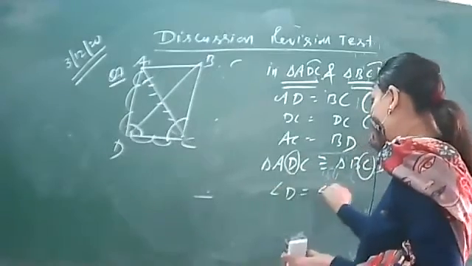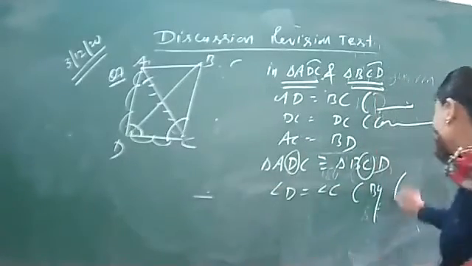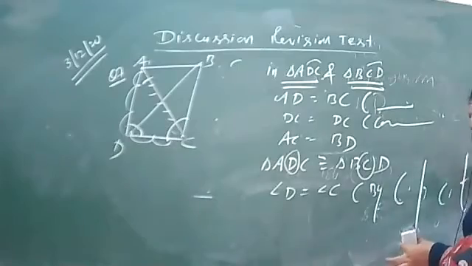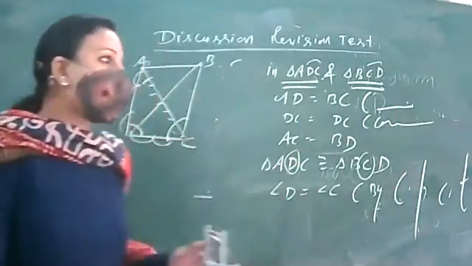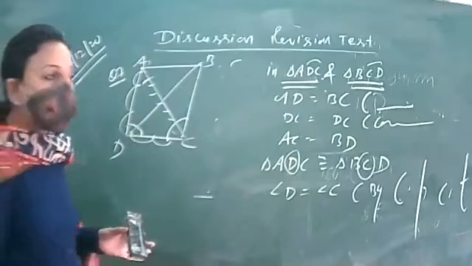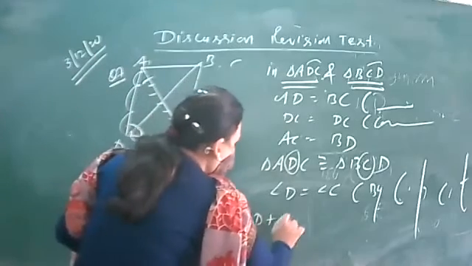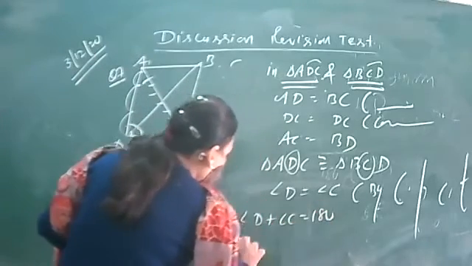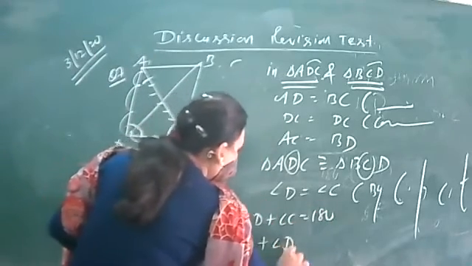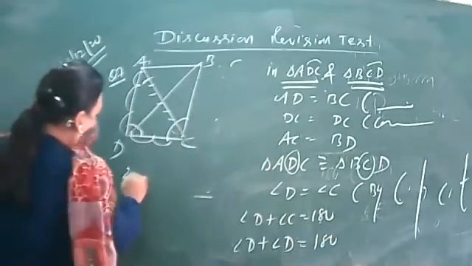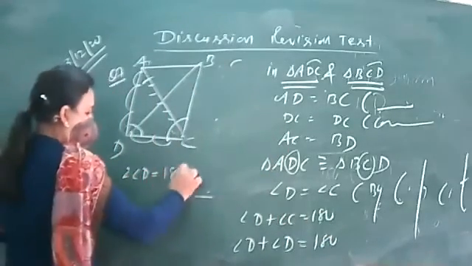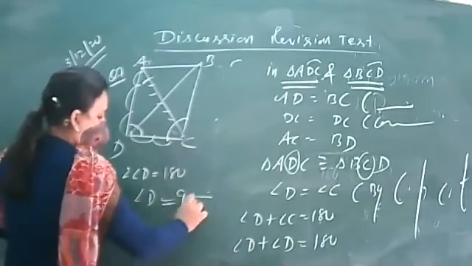Why so? By CPCT, corresponding parts of congruent triangles, they are always equal. Moreover, we were having D plus C equal to 180. Replace C by D because they are equal. D plus C 180, 2 times angle D 180, angle D 90 degree.